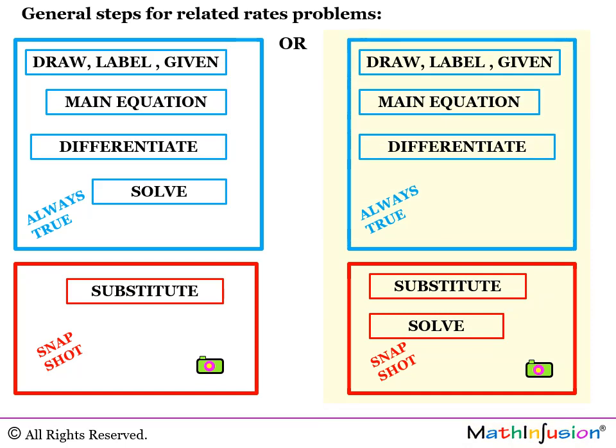I will always definitely prefer this way. The most problematic part in related rates problems is to find out what belongs to the snapshot, to the instant, and what is always true. By doing this, I never get into trouble because I'm going to substitute and solve and do everything in the snapshot already.